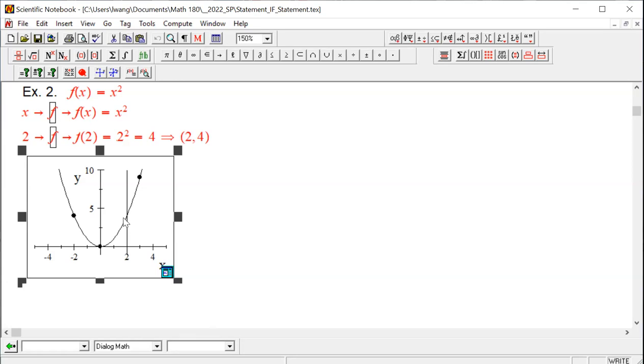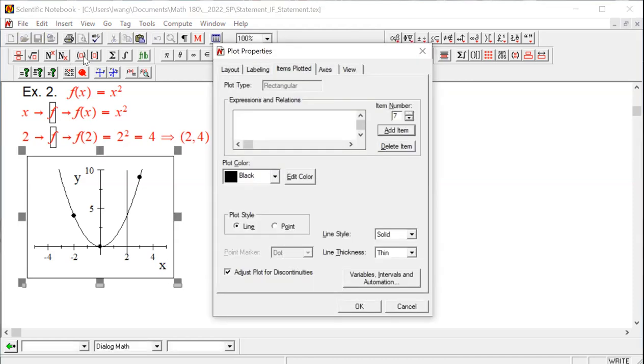There should be exactly one crossing. Why? Because it's a function. For each input, there's exactly one output, and that crossing is (2, 4).